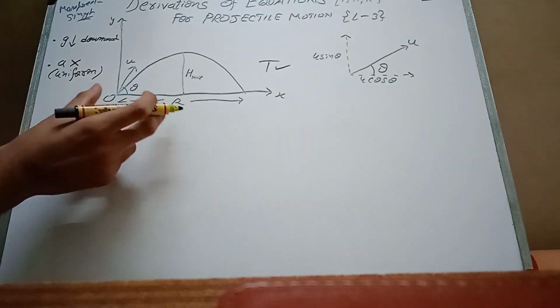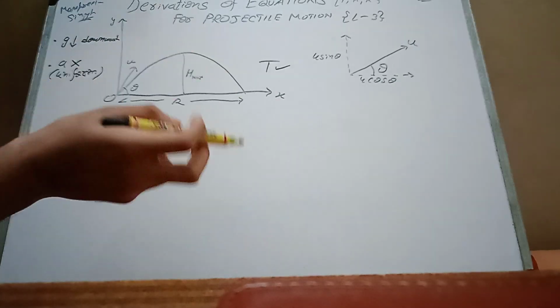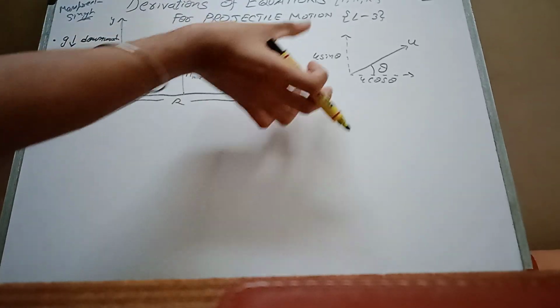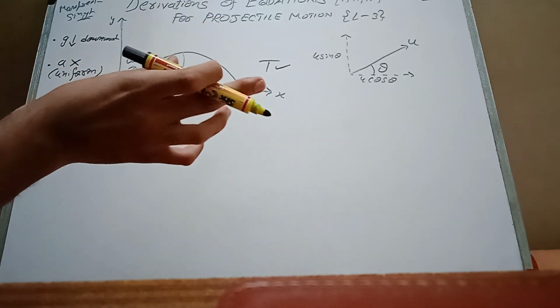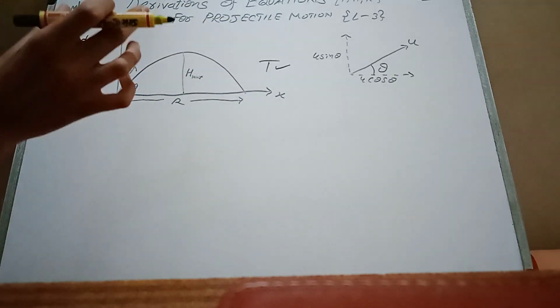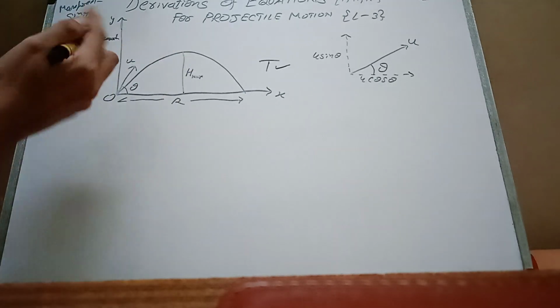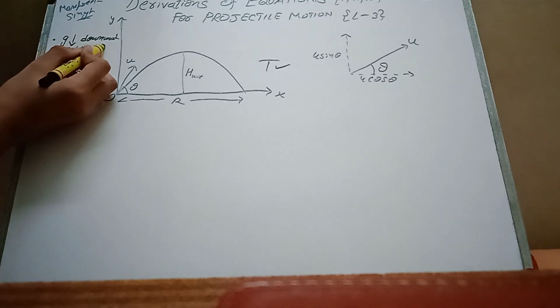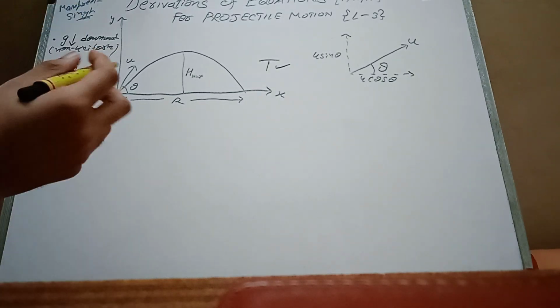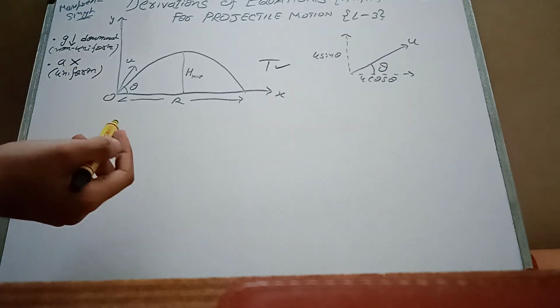But in the vertical direction there is acceleration, so the velocity is not constant; it is changing at every instant. g is acting downward, acceleration is there, hence it is non-uniform. Keep writing all these things, it will help you a lot. So in the vertical direction it is non-uniform. Let's take the derivation.